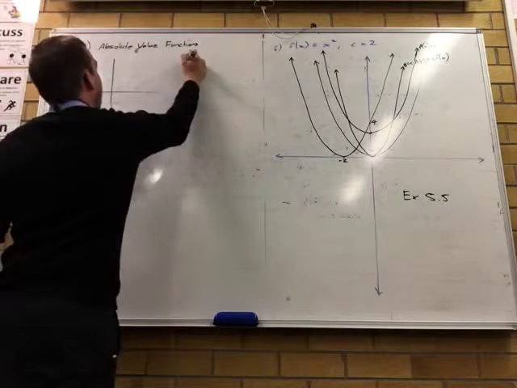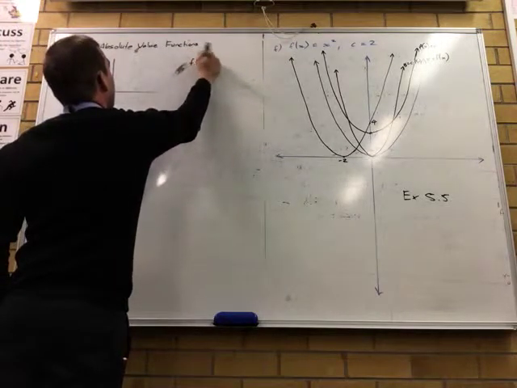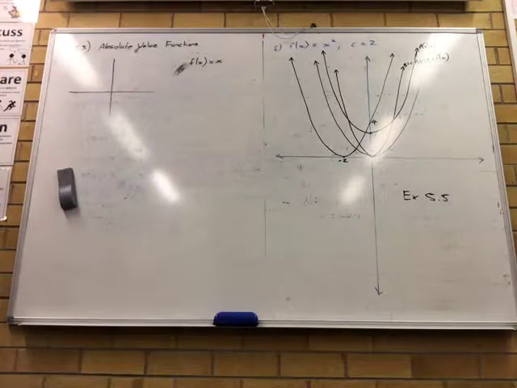Right, so if I have f of x equals x. Okay, what's the gradient of that line? 1. The y-intercept is 0.